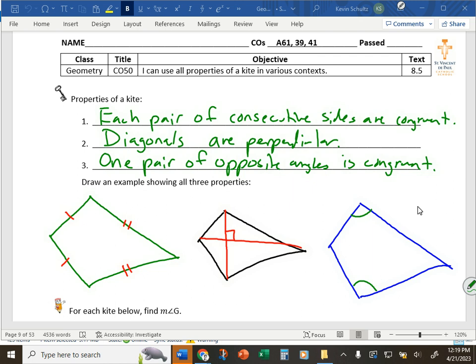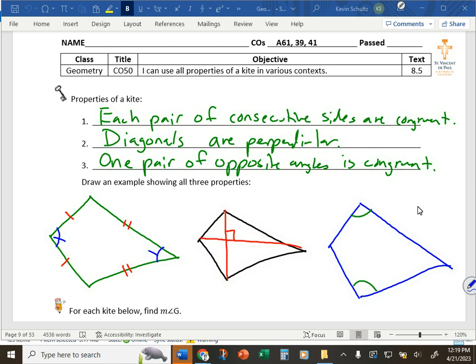They are the angles that do not connect the congruent sides. So these angles connect the congruent sides, right? They are not congruent. The congruent angles would be angles that connect the two non-congruent sides.